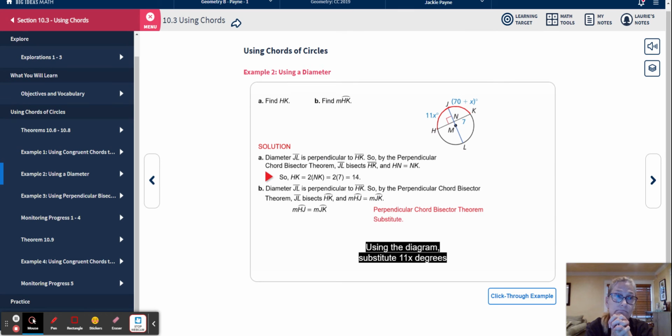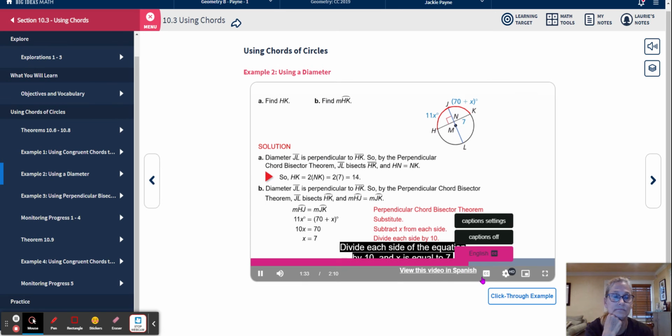Using the diagram, substitute 11x degrees for the measure of arc HJ and the quantity 70 plus x degrees for the measure of arc JK. Subtract x from each side of the equation, and 10x is equal to 70. Divide each side by 10, and x is equal to 7.